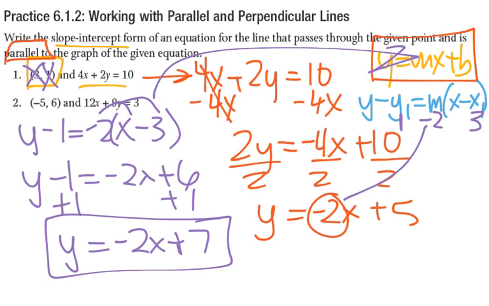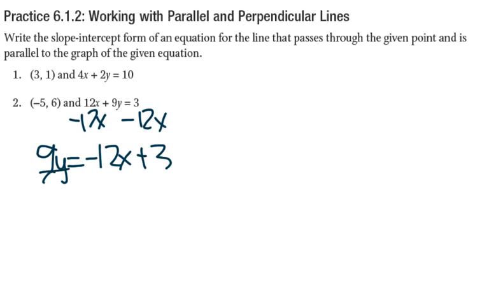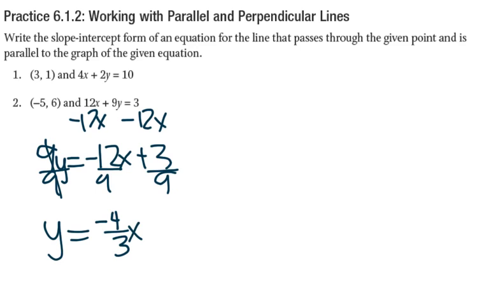Okay? So let's do the other one. Same concept. First we subtract 12x, giving us 9y equals negative 12x plus 3. Divide by 9. That gives us y equals, and we can simplify that fraction to be negative 4 over 3 x plus 1 over 3.